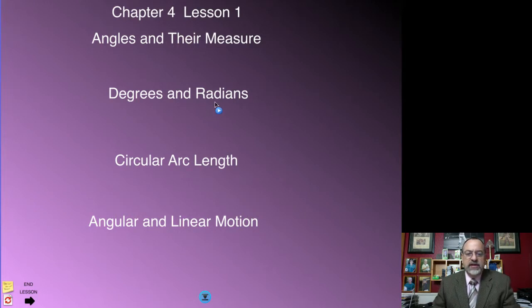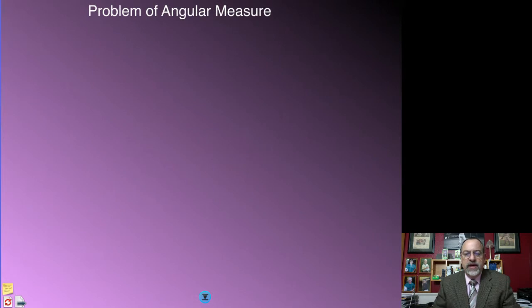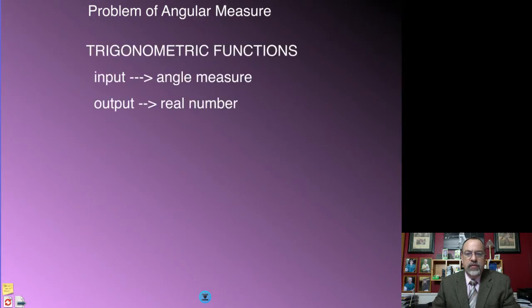We'll begin our discussion of degrees and radians by showing you what the problem is. There's a problem with angular measurement, and here's the problem. When we're working with trigonometric functions, the input is the measure of the angle. The input value that you put into the function is the measure of the angle. The output that you get then is just a number.